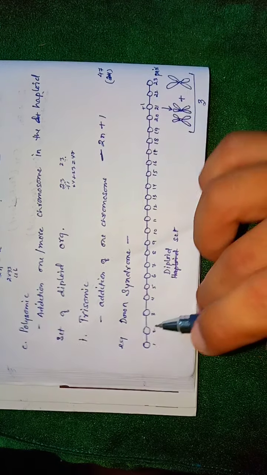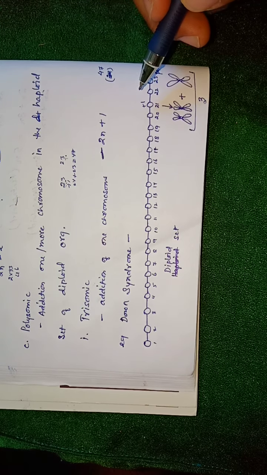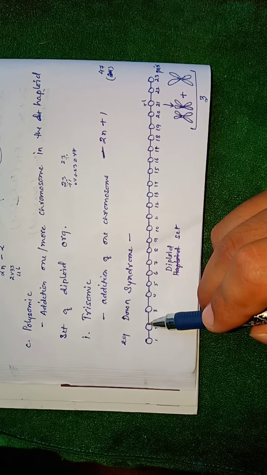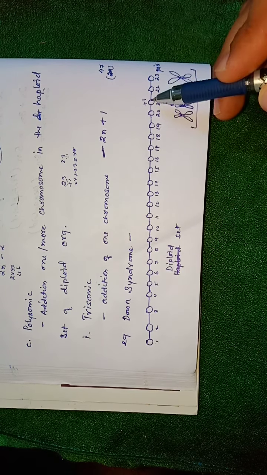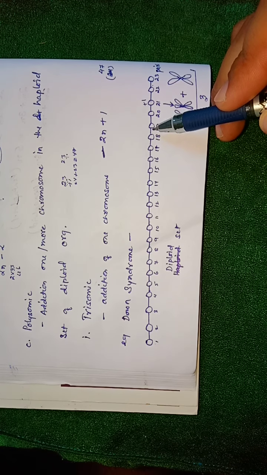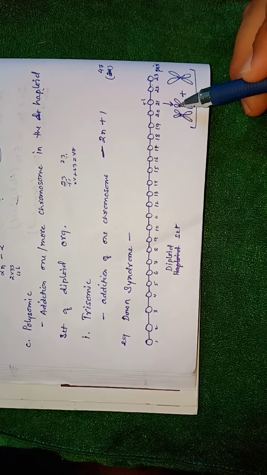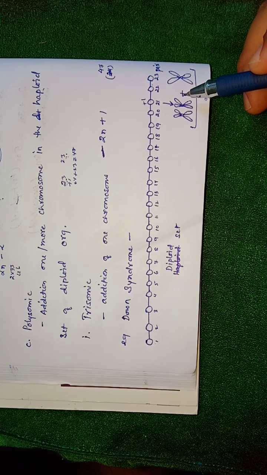Now in this syndrome, one extra chromosome is added to the 21 pair of chromosome. In each of these round there are 2 chromosomes. So in 21 pair we have 2 chromosomes, 1, 2.